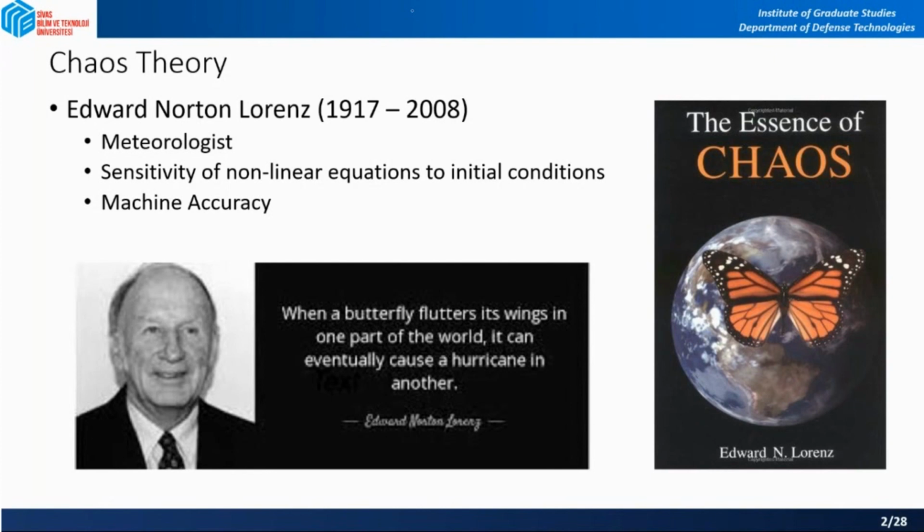Although everything was the same, the input file, the initial condition, and so on, after restarting the simulation he realized that if he waits long enough, the same simulation produces totally different results. By that time, he didn't really understand why, and that was the starting point for people to understand the sensitivity of nonlinear equations to initial conditions.